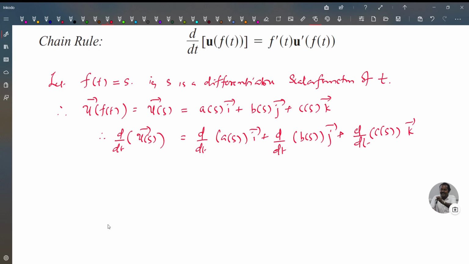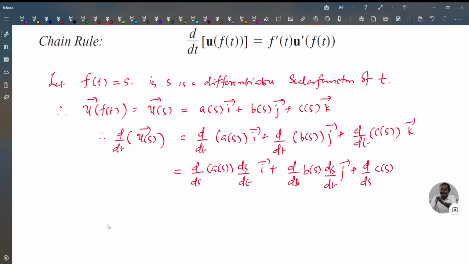So you can apply chain rule for real functions here. So this is equal to d by ds of a of s into ds by dt i plus d by ds of b of s into ds by dt j plus d by ds of c of s into ds by dt k.